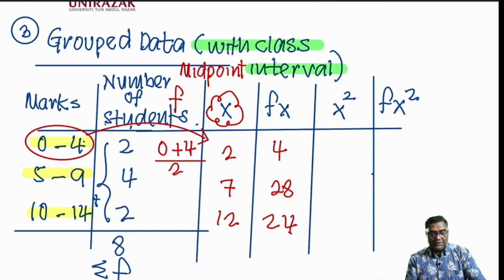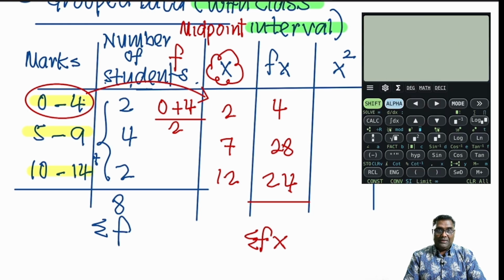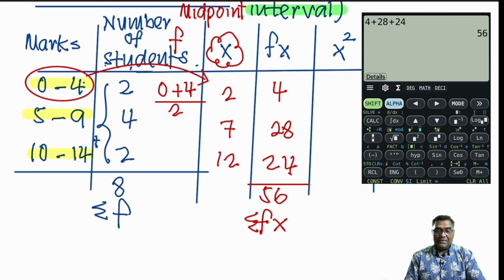So the total of this represents sum of fx. Alright, sum of fx. So if I take my calculator now, I get 4 plus 28 plus 24. I get 56. This is how I get my sum of fx.